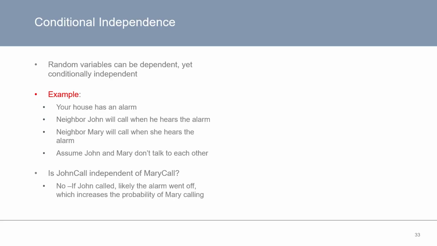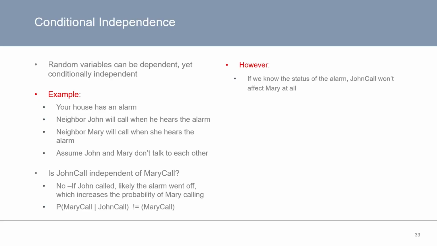If John called, likely the alarm went off, which increases the probability that Mary will call. Or another way of putting this is the probability of Mary calling, given that John called, is not equal to just Mary calling alone. However, if we know the status of the alarm, then the probability of John calling shouldn't affect the probability of Mary calling at all.